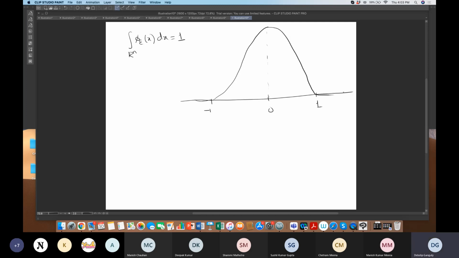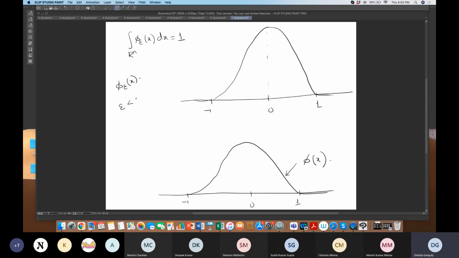Now, sorry, I will make a bigger picture. Just a minute, I can draw here. Minus 1, 1. This is your phi x. Now you tell me, how will phi epsilon look? Let's say epsilon is less than 1.